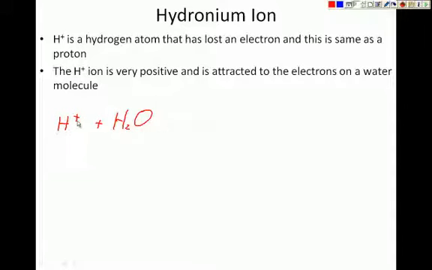What happens is this hydrogen ion is attracted to the water and forms H3O plus, and this is what we call our hydronium ion. Sometimes we also call it a hydrated proton, which just means like a watered down proton.